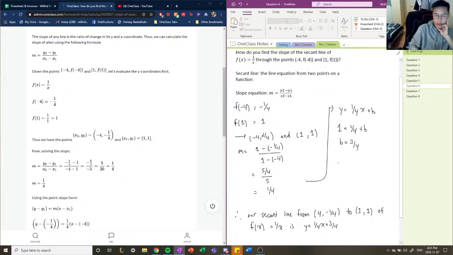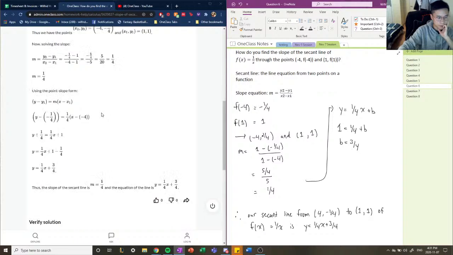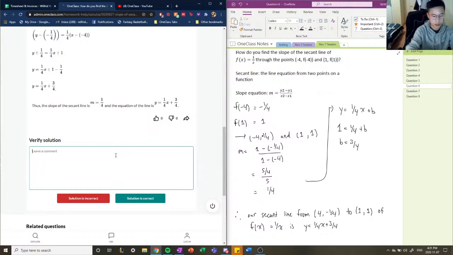Okay, does that make sense to everyone? So the secant line is the equation of a line from 2 points on the graph, and it measures the slope from those 2 points. So yep, they got the same solution. This is the correct solution.